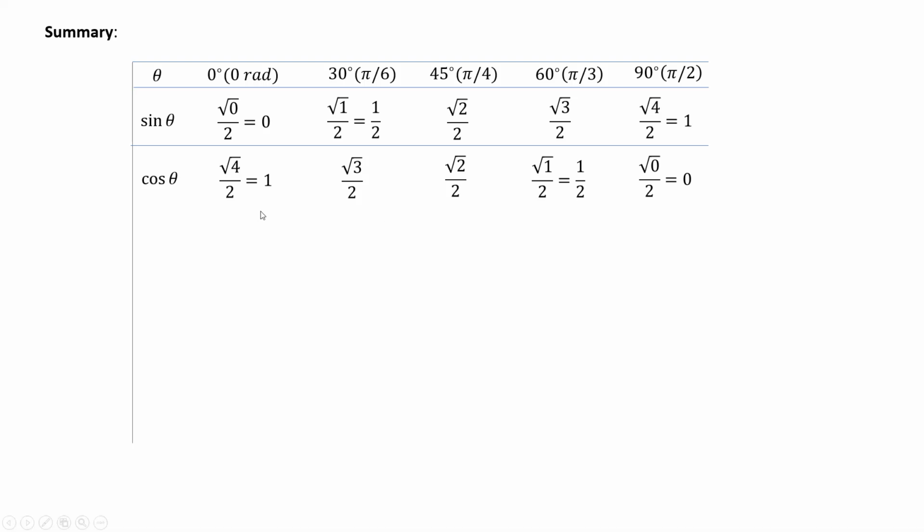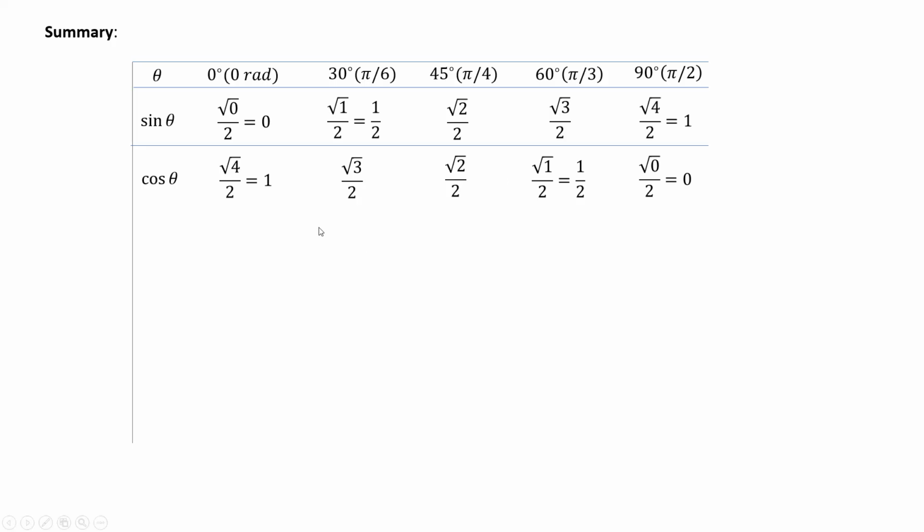I know you guys are clever. You're going, oh my goodness, I see the pattern here. Here it's decreasing. Over there for sine, we had an increasing pattern. On the top, we had square root of 0, square root of 1, square root of 2, square root of 3, square root of 4. Now we go the opposite, square root of 4, square root of 3, square root of 2. Yep, you are absolutely right.